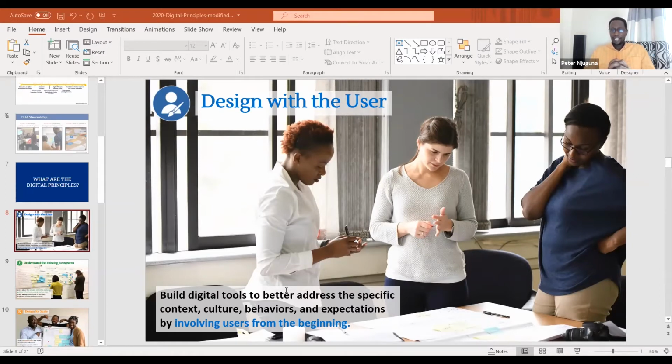By designing with the users and not for them, you can build digital tools to better address the specific context, culture, behaviors, and expectations of the people who will directly interact with the technology, like we have mentioned before.